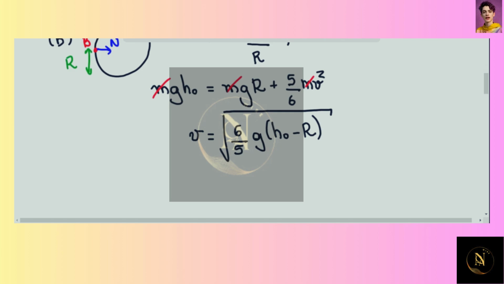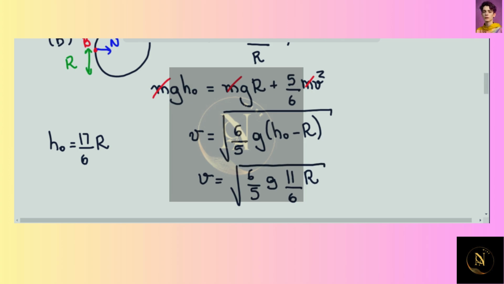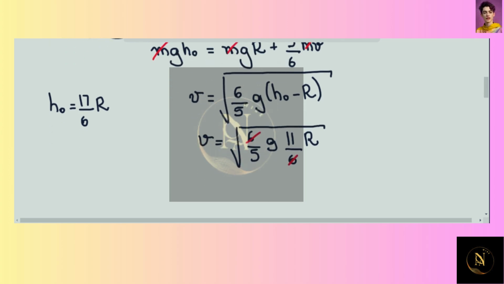Now h0 is 17 sixths of r. So h0 minus r is 11 sixths of r. Meaning that v is the square root of 11/5 gr.